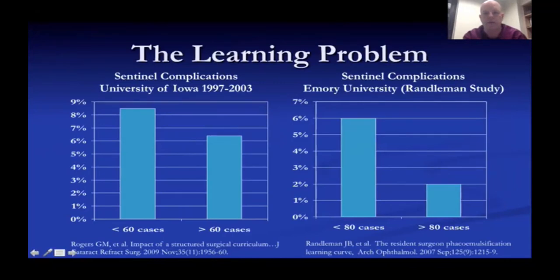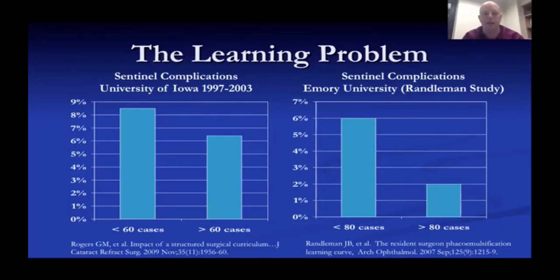So the problem that we have is that, again, surgery has real complications and real effect on our patients' lives. When we studied our surgical complications, essentially for phacoemulsification cataract surgery at the University of Iowa from 1997 to 2003, we found that there is a significant learning curve.